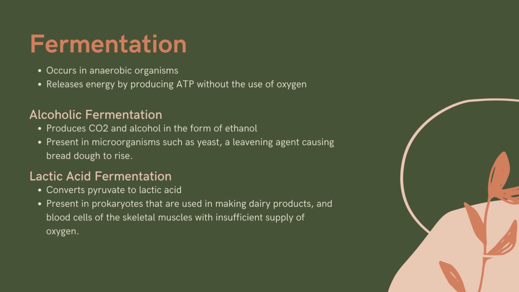Lactic acid fermentation converts pyruvate to lactic acid. It is called lactic acid fermentation because it produces, you guessed it, lactic acid. Lactic acid is produced in your muscles during rapid exercise when the body cannot supply enough oxygen to the tissues.